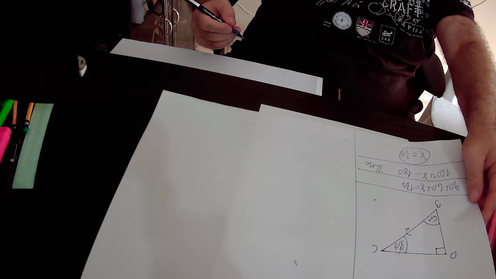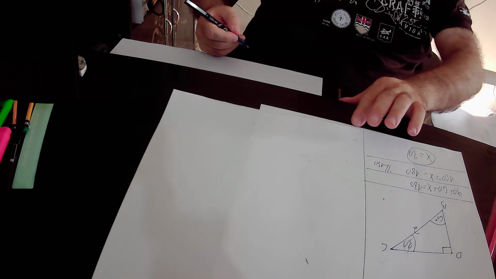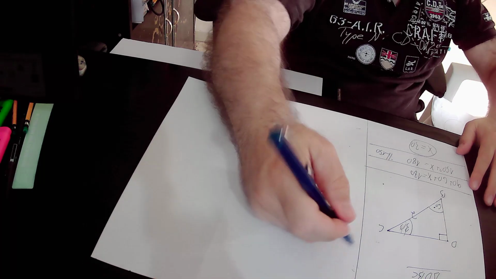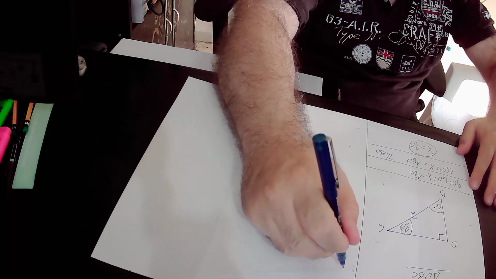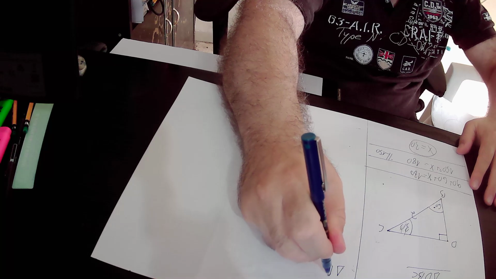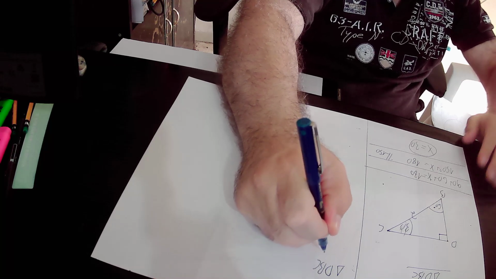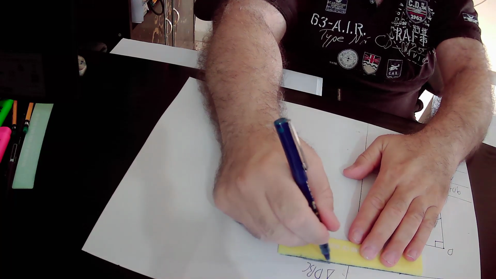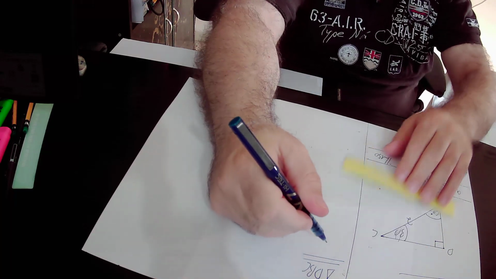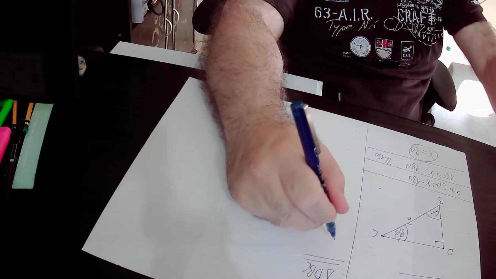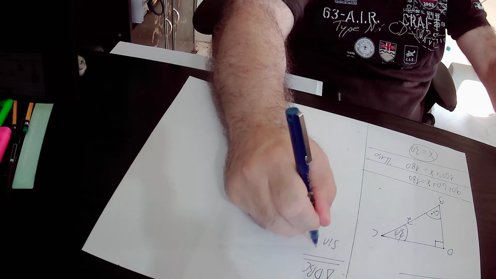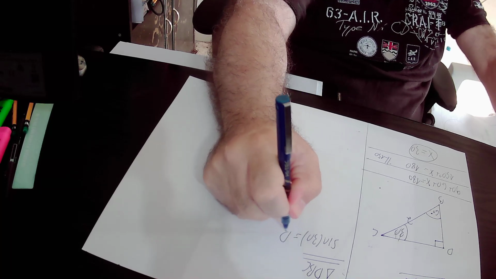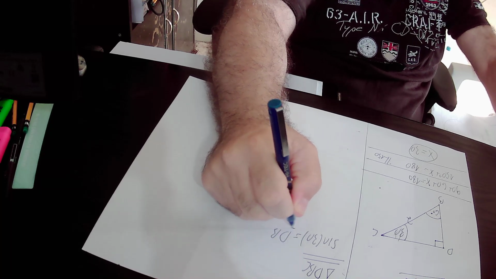So we'll continue to focus on the right triangle DBC. In the right triangle DBC, we know that sine 30 degrees is equal to DB over BC.